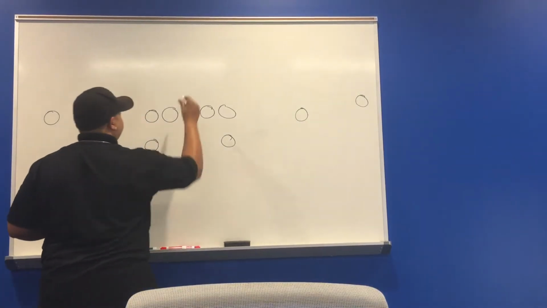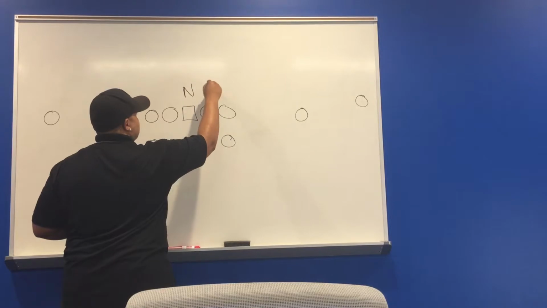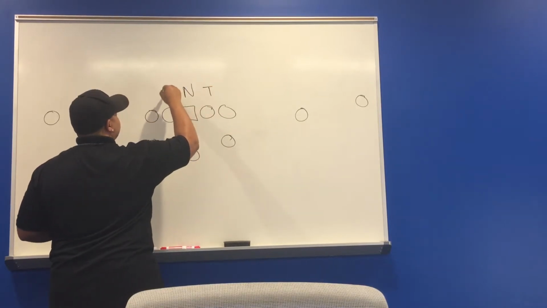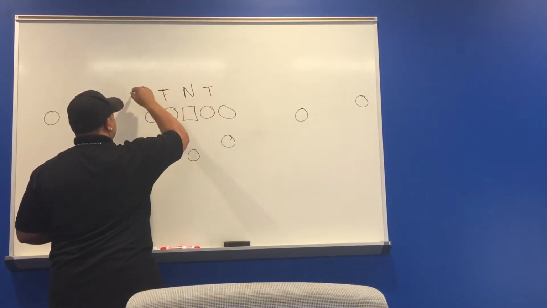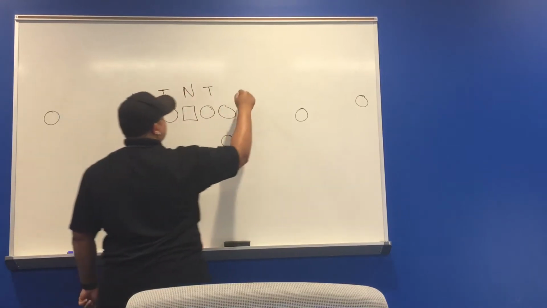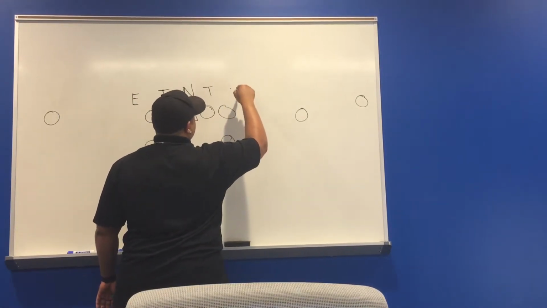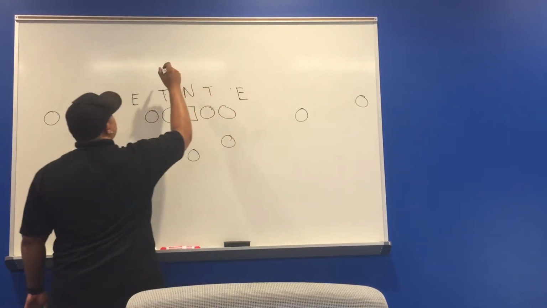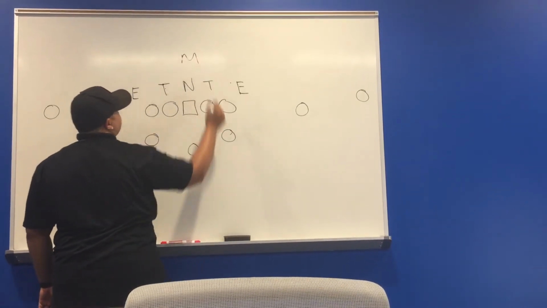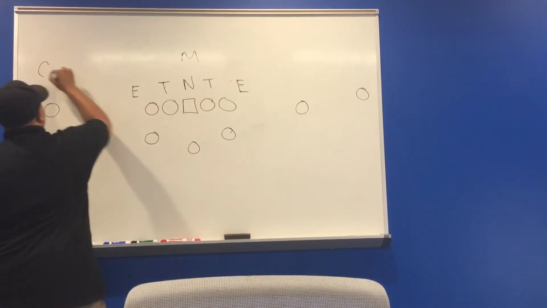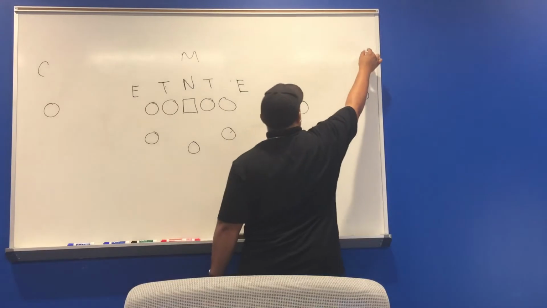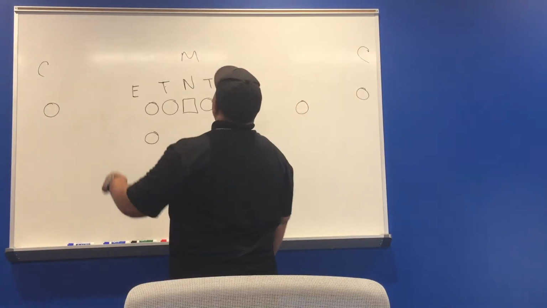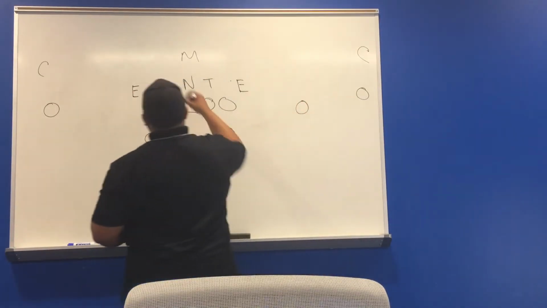Again, nose, tackle, tackle, and the Mike, corner. Corner, it's 5, 6, 7, 8.